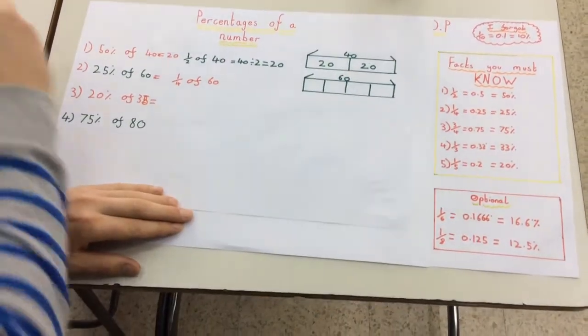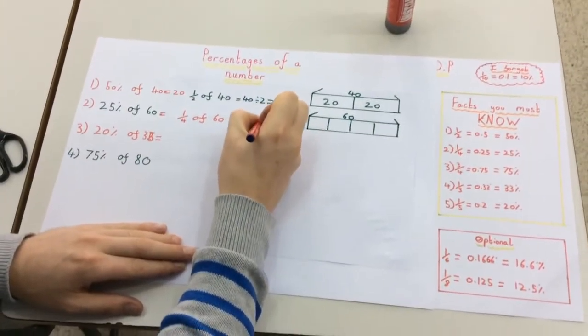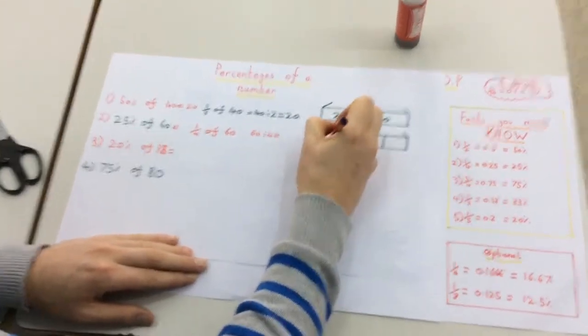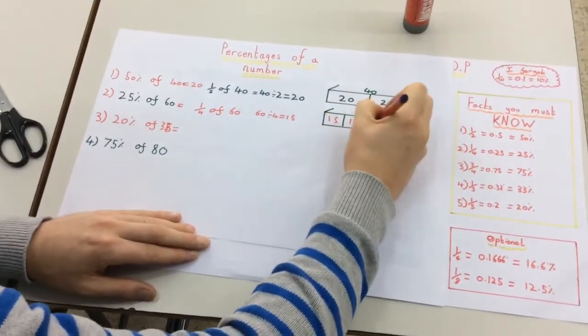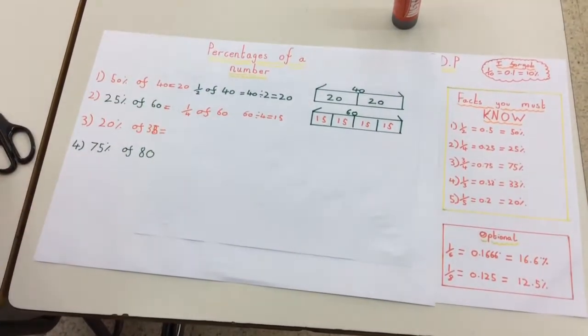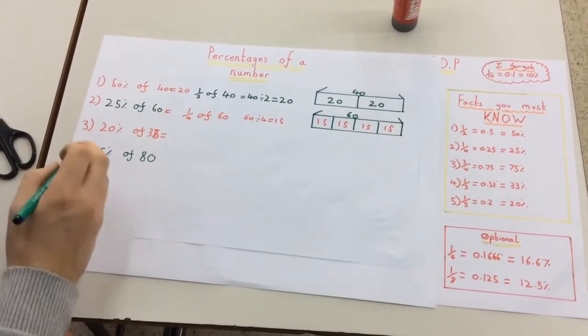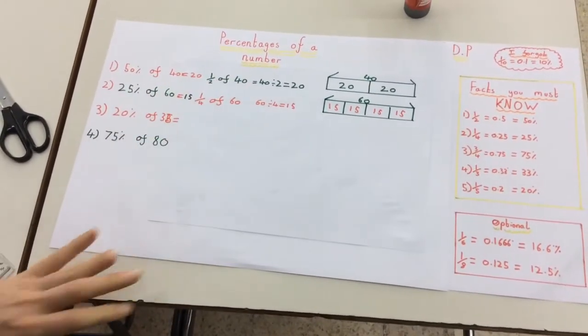So to work this out, I'm going to do 60 divided by 4, which equals 15. And because I just want 25%, 25% of 60 is equal to 15.